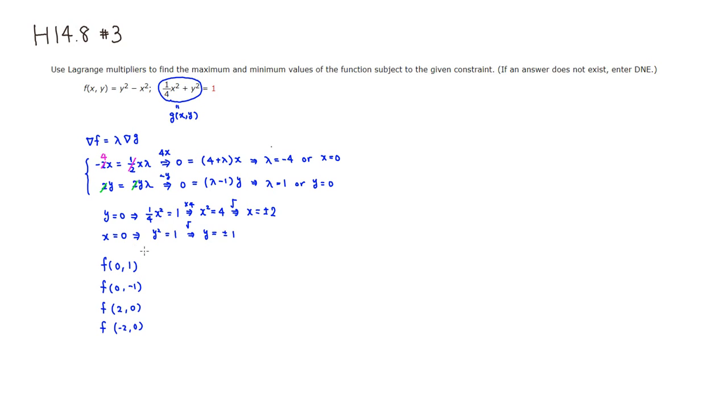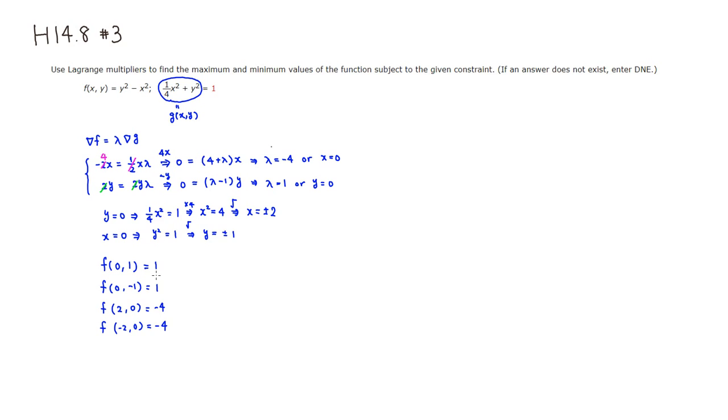So for 0 for x and 1 for y, it's going to be 1, and it gets squared, so it gives you 1 also. For this one, x is 2 squared, so it's negative 4, and for negative 2, same way, it's negative 4.